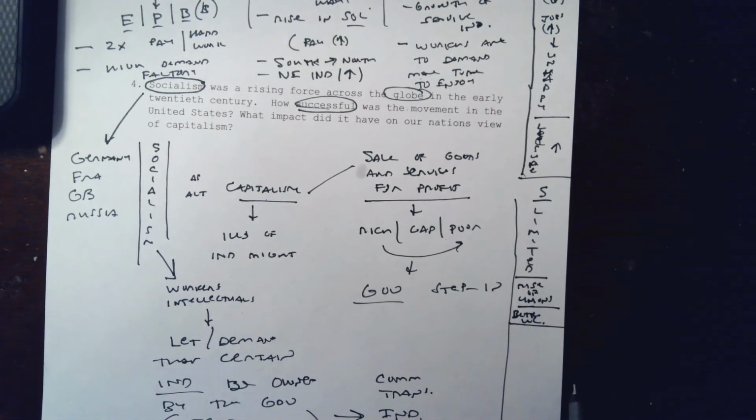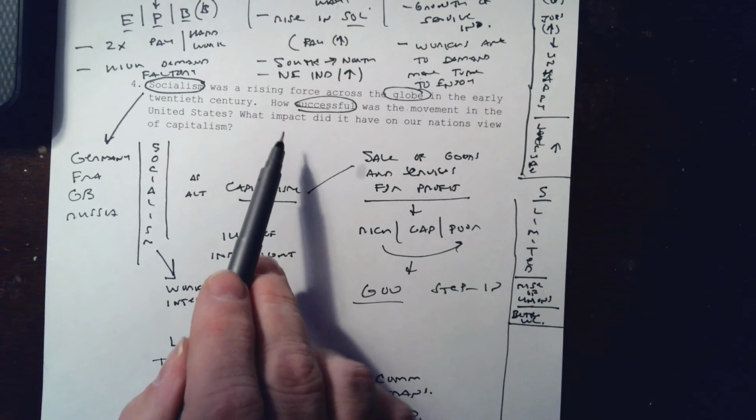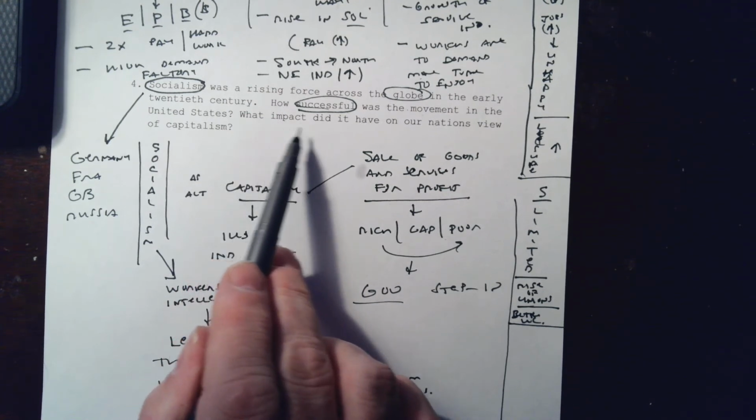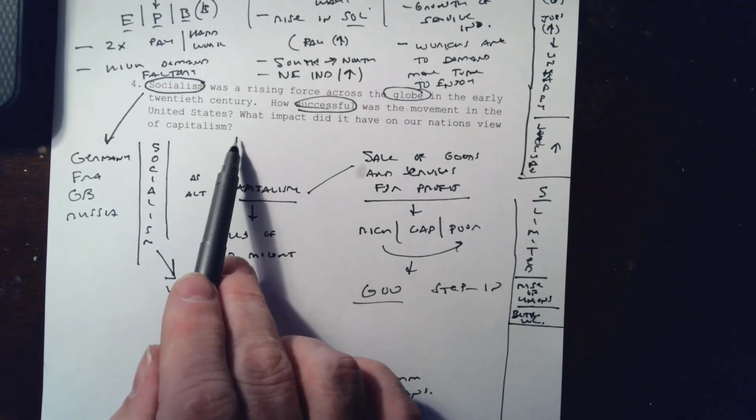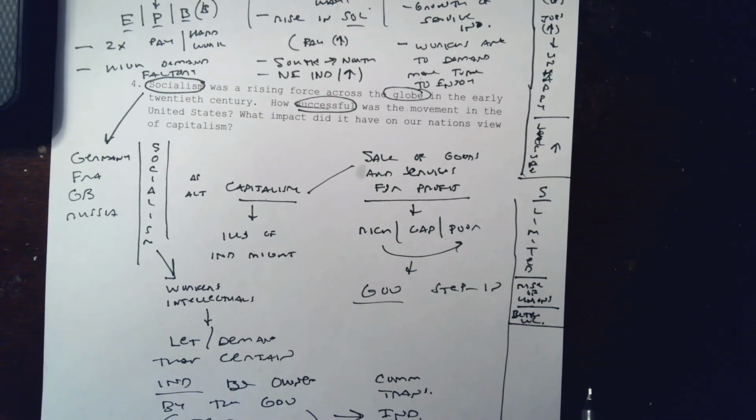But at the end of the day, it kind of fell apart, and it fell apart because of the government stepping in and supporting big business at the expense of progressivism. All right. And that kind of lends itself to the bottom part of this. What impact did it have on our nation's view of capitalism? And this is the interesting part.